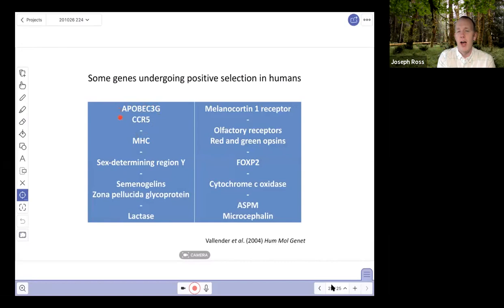ApoBec3G and CCR5 are both proteins that are involved in HIV infection and defense in humans. So it's probably not surprising that since the HIV pandemic is, relative to the last few decades, we've seen an increase recently in positive selection for those proteins.